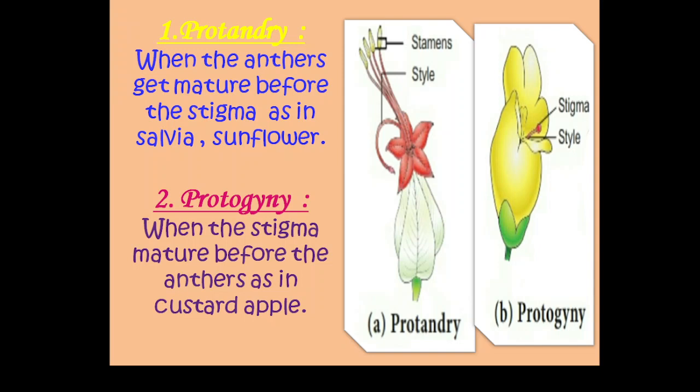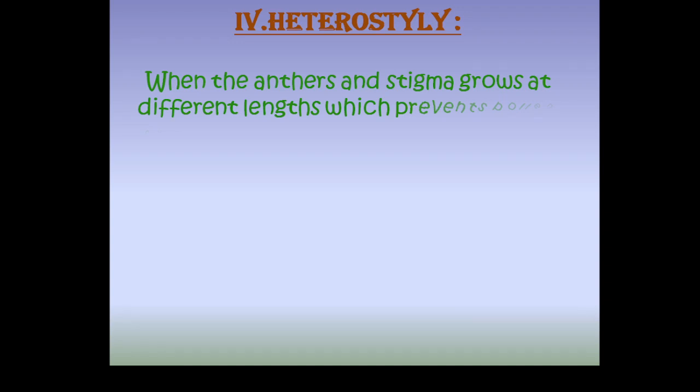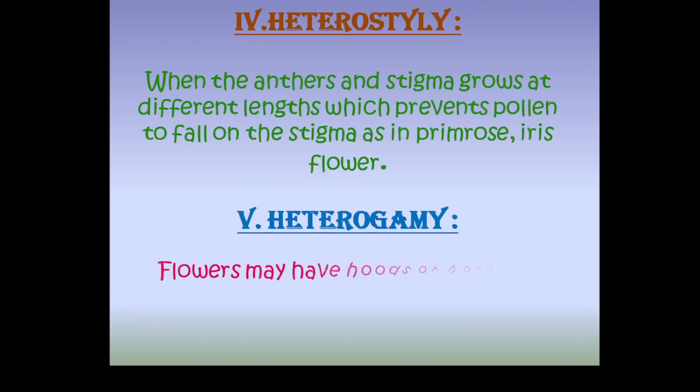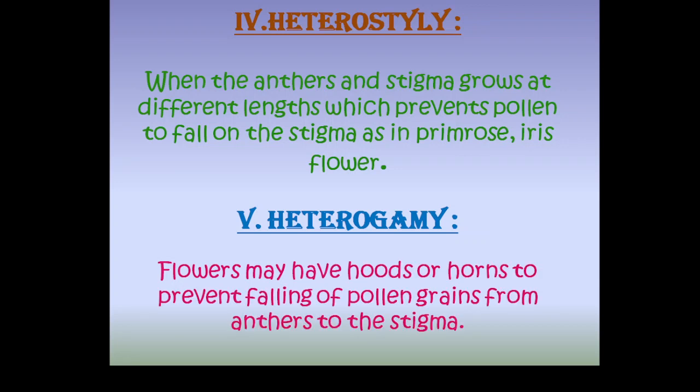Next one is heterostyly. When the anthers and stigma grow at different lengths, it prevents pollen grains from falling on the stigma, as in primrose and iris flowers. And heterogamy: flowers may have hoods or horns to prevent pollen grains from falling from the anthers to the stigma.